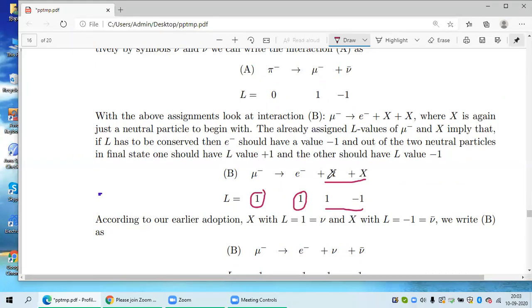So the two neutral particles that came out in the result of beta decay are not the same, but they are particle and antiparticle. This has been seen experimentally much later, that these two particles are different. Initially people found that the most conservative approach of assigning quantum numbers suggests that they should be antiparticles.